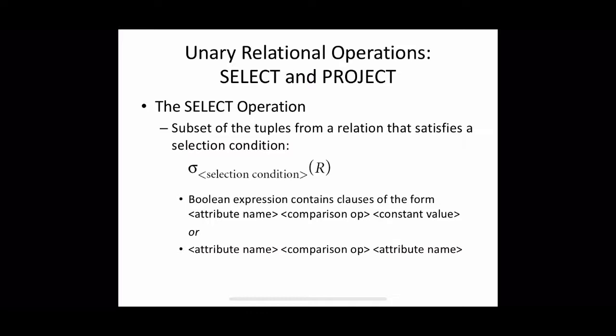We have the sigma operator to specify the select operation, and we have to specify the selection condition, and inside the bracket the relation upon which we perform the selection. A selection condition can be an attribute name, comparison operator, then a constant value, or an attribute name, comparison operator, another attribute name.